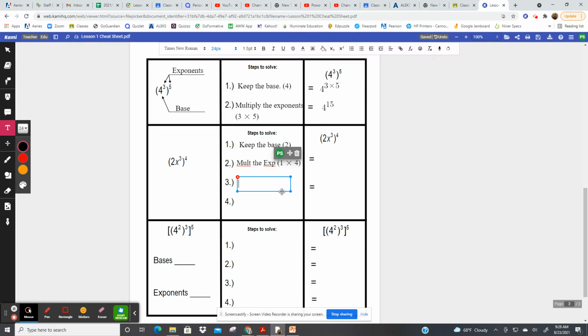Again, I'm going to keep the base, but in this case, the base is x, because that's the other one.